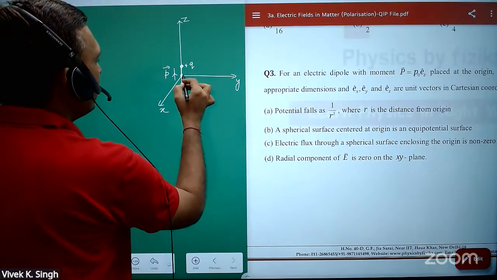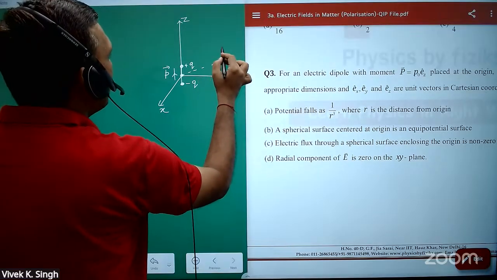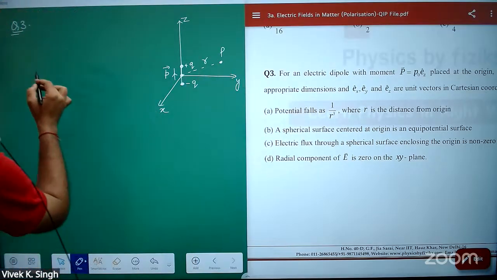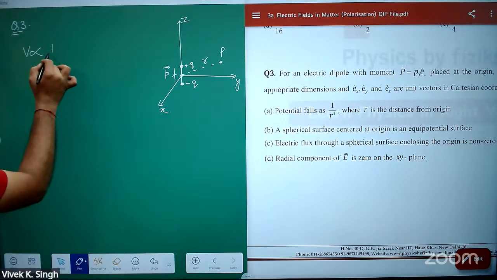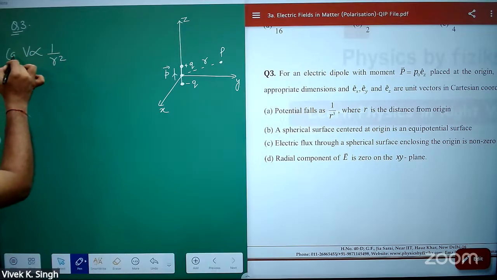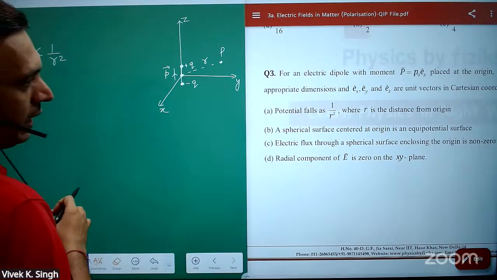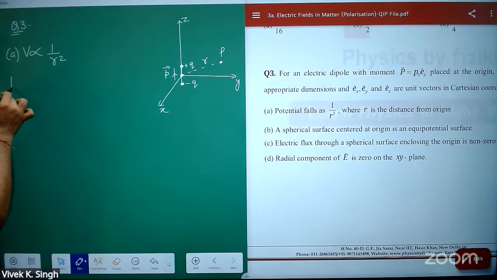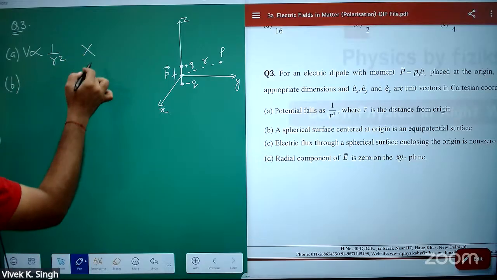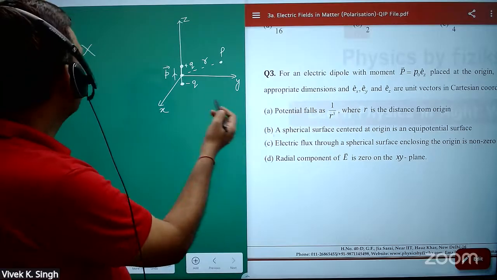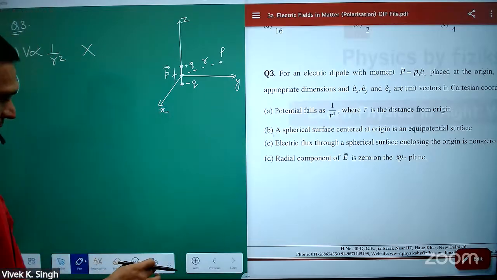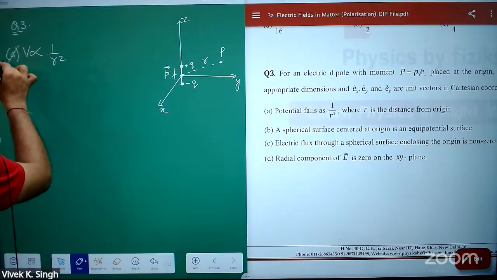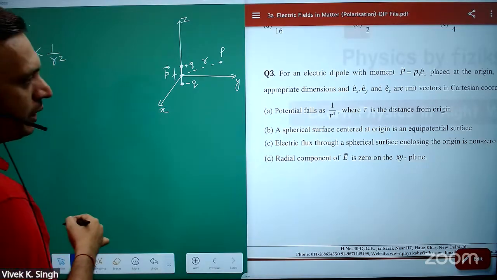This we have already seen: at R distance away, potential is inversely proportional to R square. So option A is incorrect, because V is proportional to 1 by R square.